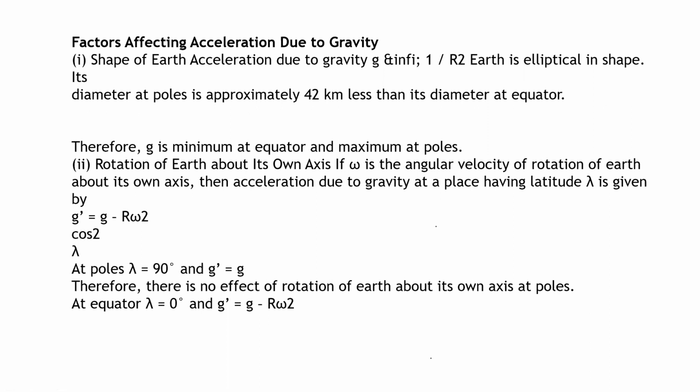Factors affecting acceleration due to gravity. The first one is the shape of the earth. The shape of the earth is one of the factors which will affect your gravity. How will it vary? See here, as you know, the earth is elliptical in shape.